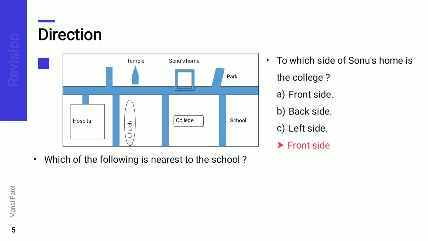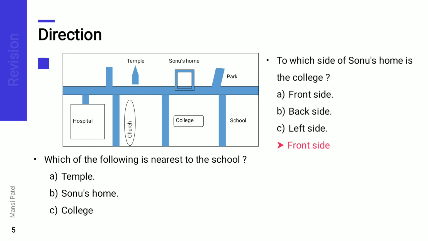Now your second question is, which of the following is nearest to the school? You can see in this image there is one school and they have given 3 options to you. That is the temple, Sonu's home, or the college.